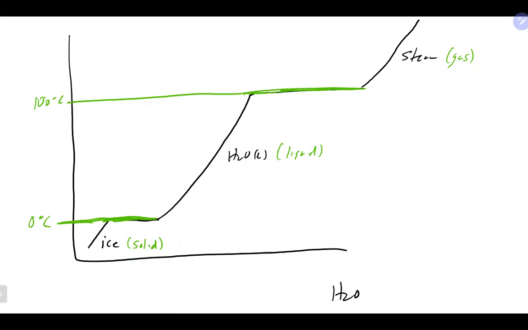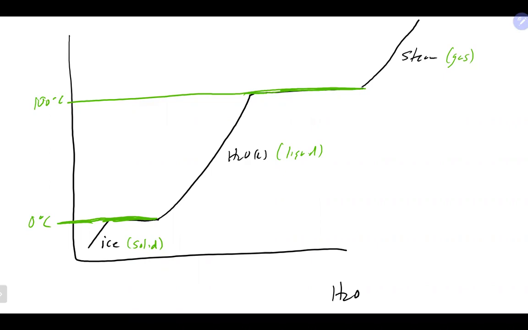Not until you get a little bit above 0 degrees Celsius do you have liquid water, not until a little below 0 degrees Celsius do you have ice, but right at 0 degrees, they're in equilibrium with each other. Same thing when you get to 100 degrees Celsius, you have some liquid water and some steam or water vapor at the same time. To get above 100 degrees Celsius, you really have steam. A little bit below 100, there is really liquid water.